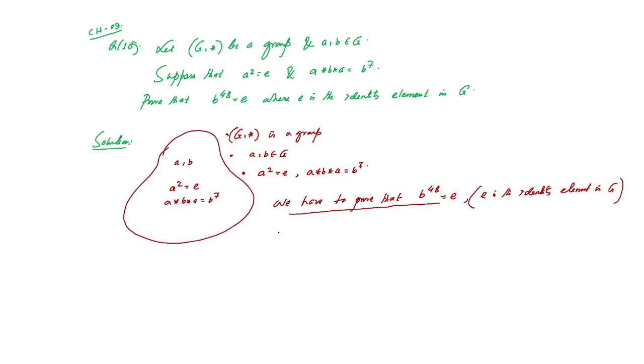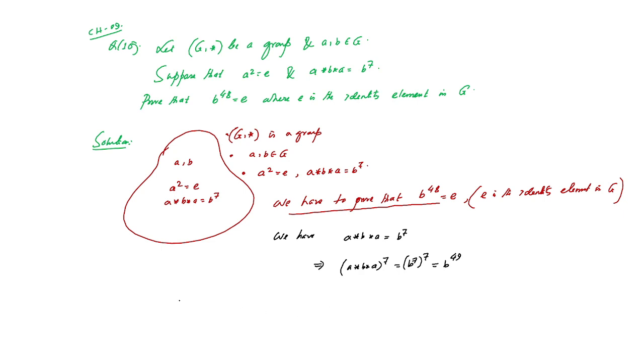Here we have A star B star A equals B to the power 7. We need to increase the power of B, so we raise both sides to the 7th power. So (A star B star A) to the power 7 equals B to the power 49.